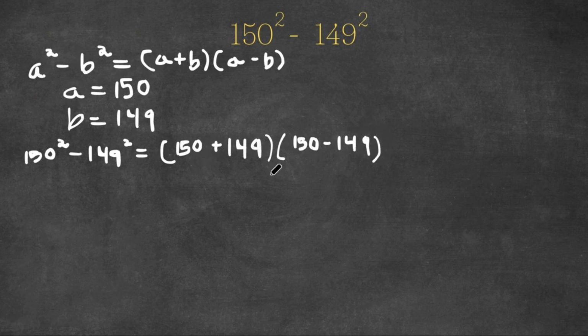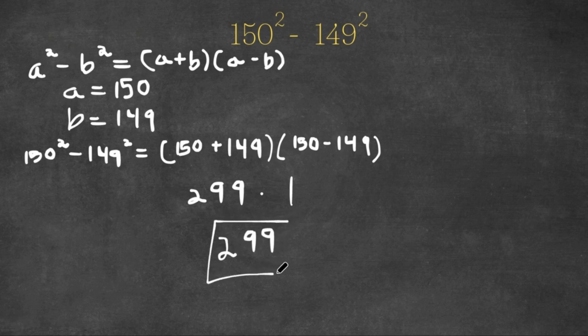Now 150 plus 149 is going to be 299. Multiplying this with 150 minus 149, which is going to be 1, and 299 times 1 is simply just 299. So 299 is our answer.